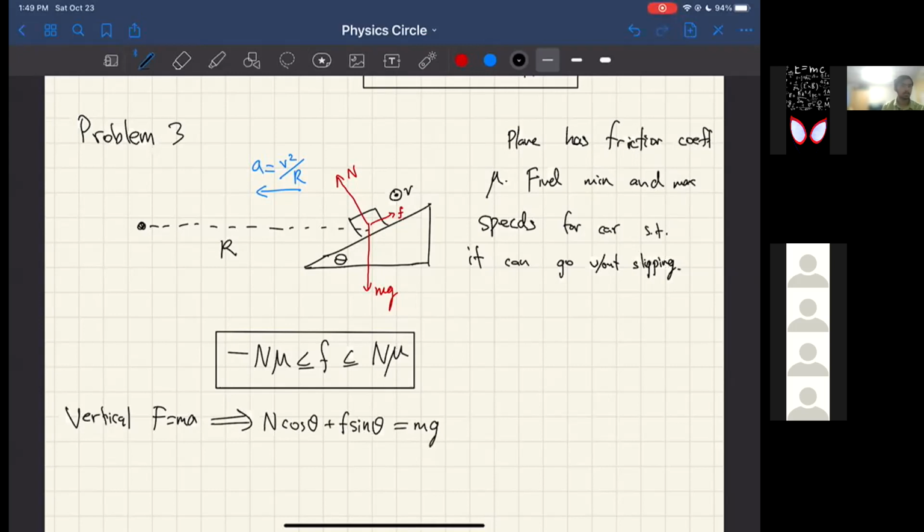I'm just balancing the vertical forces because there's no vertical acceleration. Horizontal just says that n sine theta minus f cos theta equals mv squared over r. Is that clear?